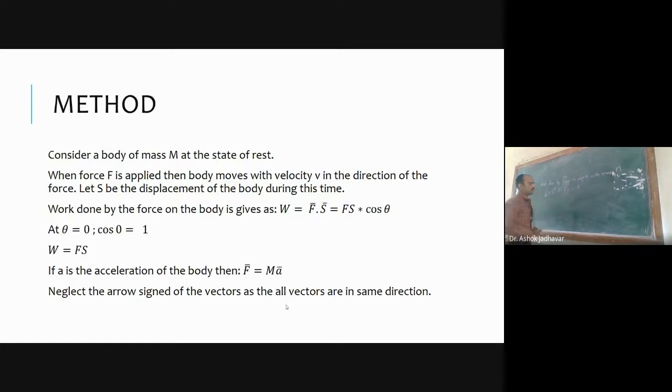We have seen this in the last lecture. Now if I look at the value of theta, as I told you in the last diagram, the angle between force and displacement is 0, this means that cos 0 is 1, as theta is 0.